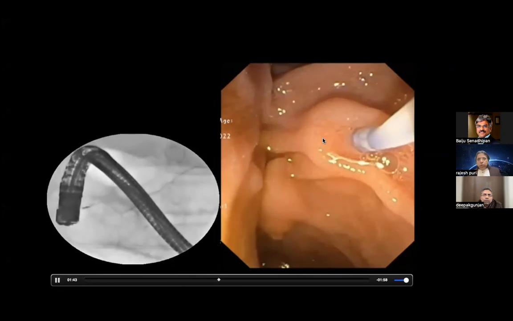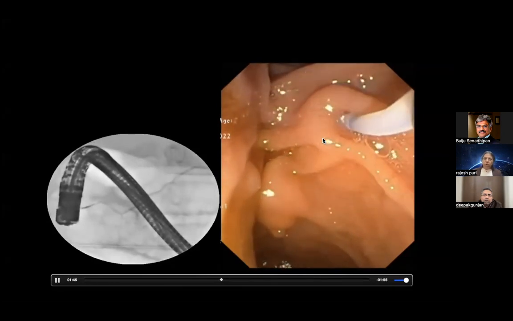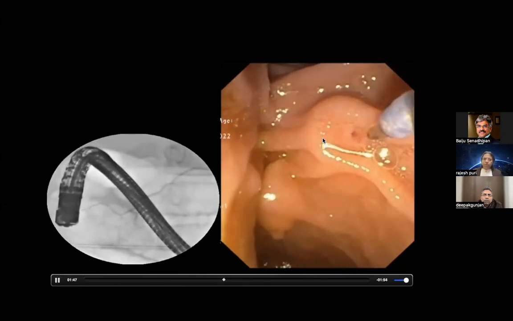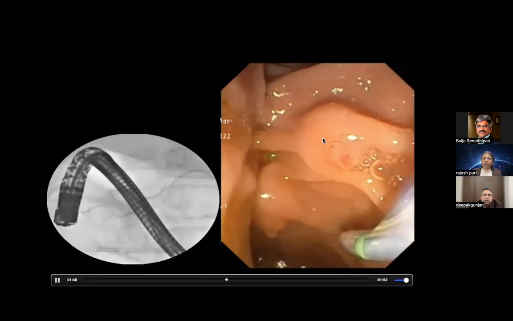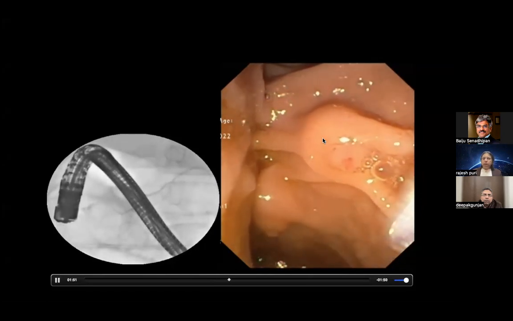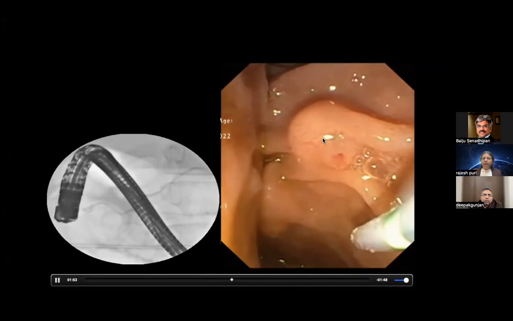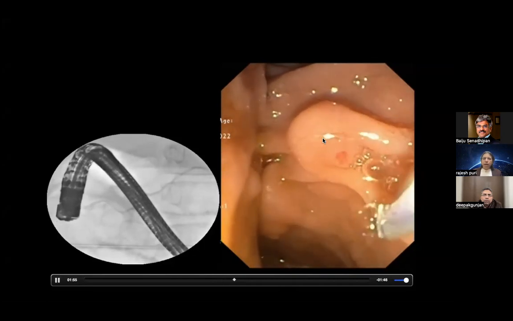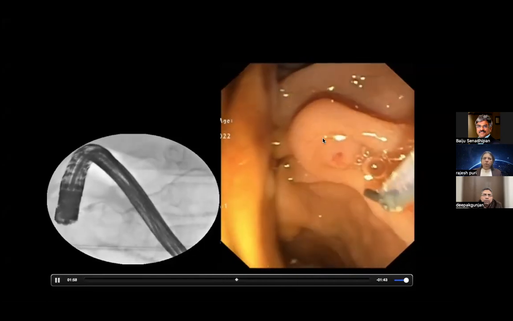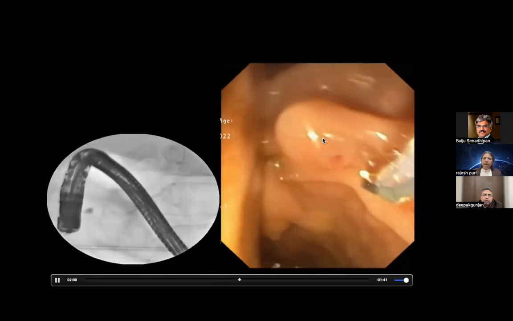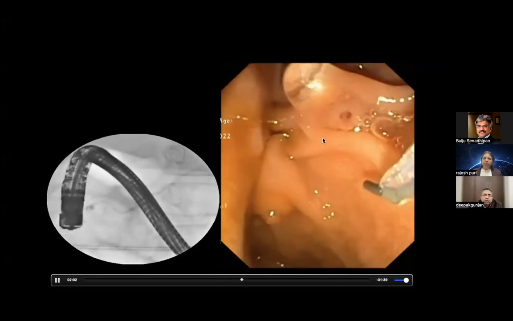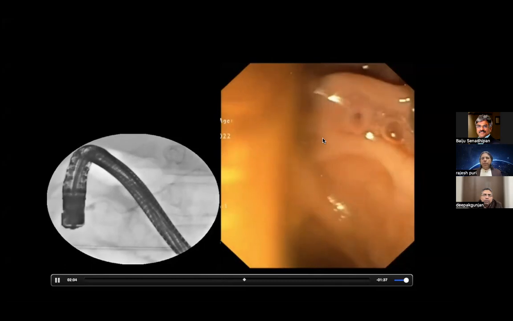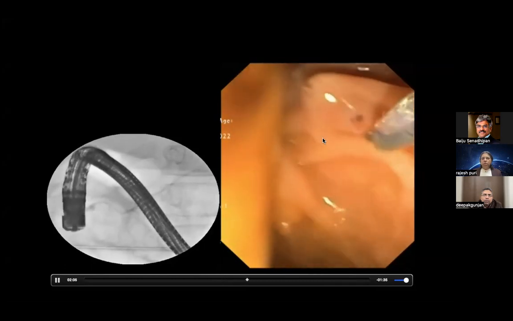Once you have taken the pancreatogram and you know that it is easy now, then you can change to the standard sphincterotome or the cannula over the wire. As I said, take out the wire around 0.5 millimeter to 1 centimeter, directing towards the papilla, and then cannulate the pancreatic duct through the minor papilla.